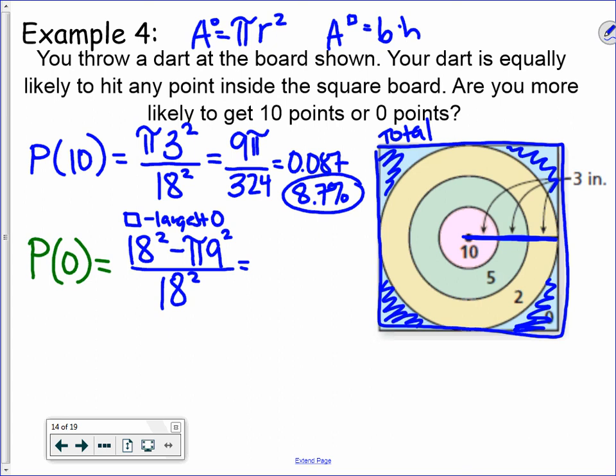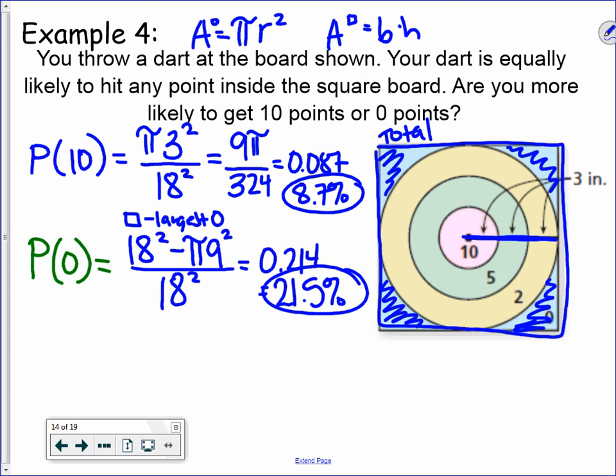Basically we're taking 324 minus pi times 9 squared, and I plugged that all into my calculator at once, and I got 0.214, which is 21.5%.